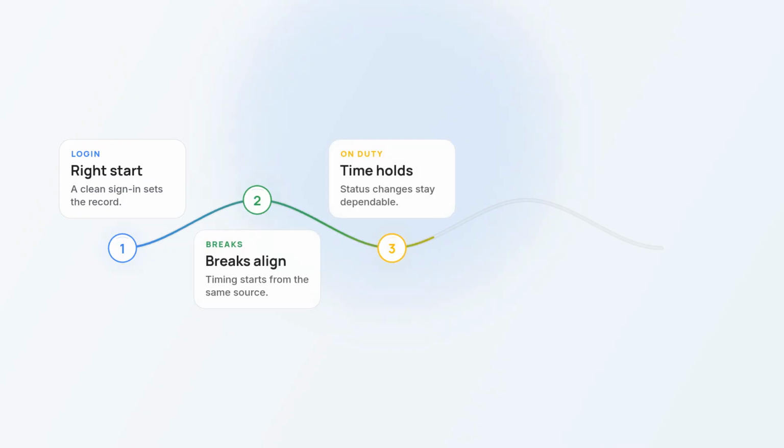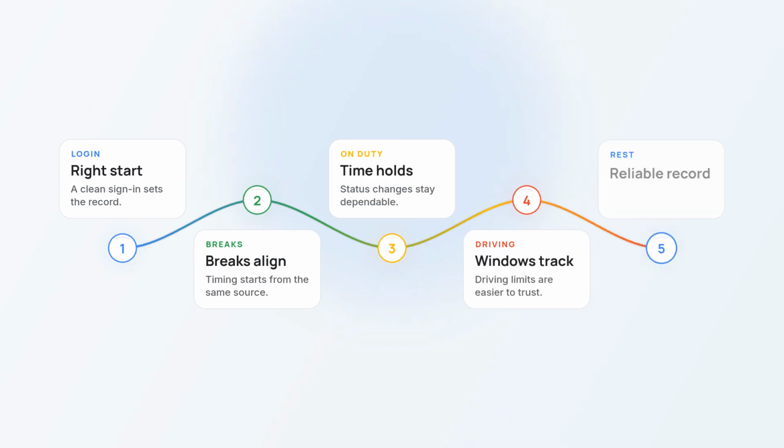When the login is right, the rest of the day has a better chance of being right too. Breaks, on-duty time, driving windows, and rest periods all start from a more reliable record. That is why ELD login is more than compliance housekeeping. It supports fatigue prevention and safer decision-making throughout the shift.